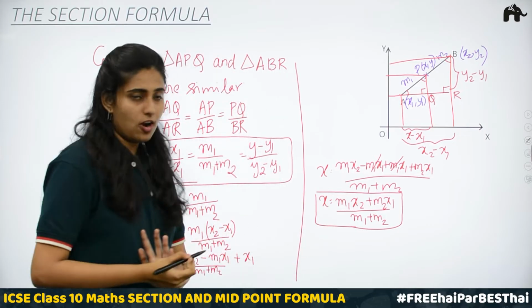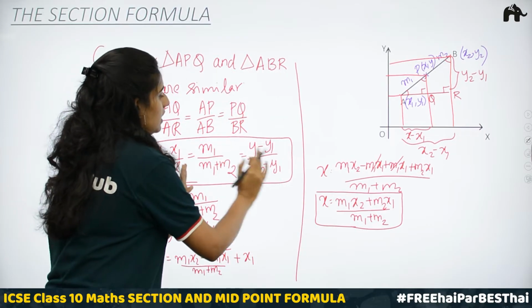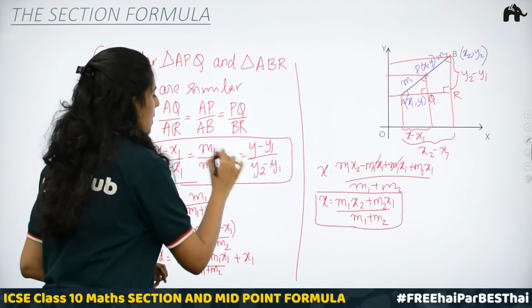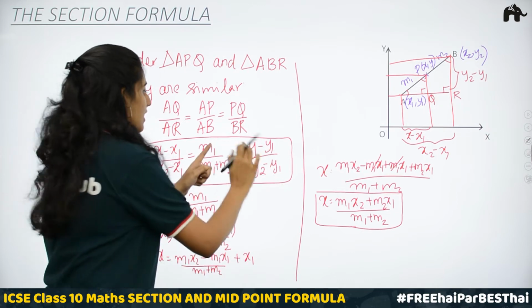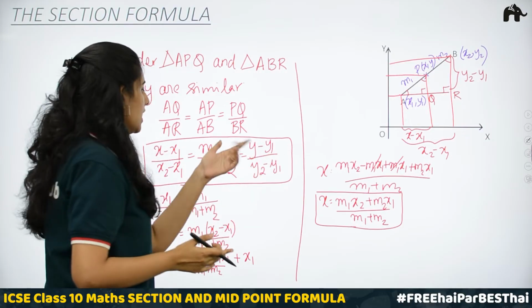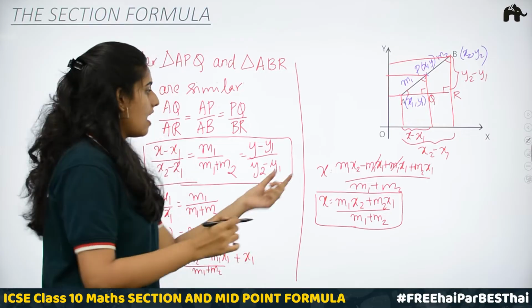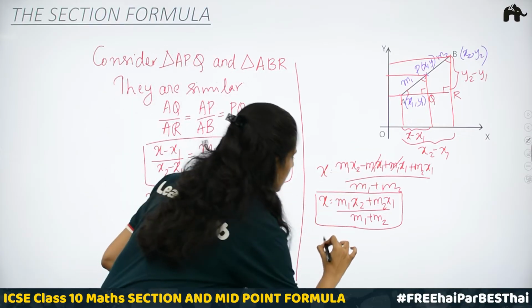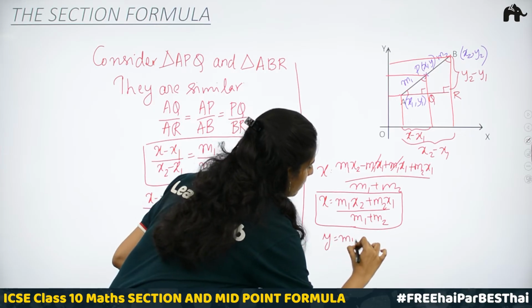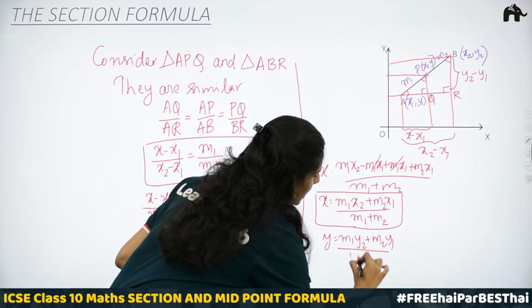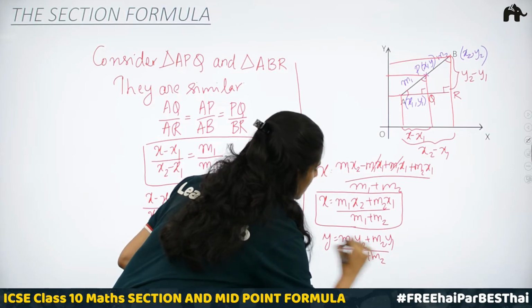Now to get the y coordinate, what you have to do is take these two parts and follow the same process. Taking these two parts, cross multiplying, taking y on one side and all other terms on the other side, taking the LCM, after which you will be getting a similar term, cancelling, we get y is equal to m1 y2 plus m2 y1 divided by m1 plus m2.